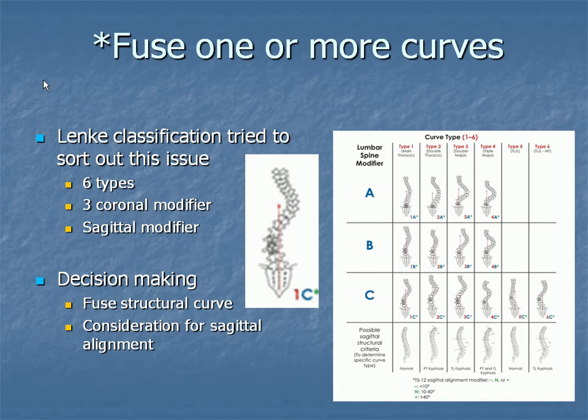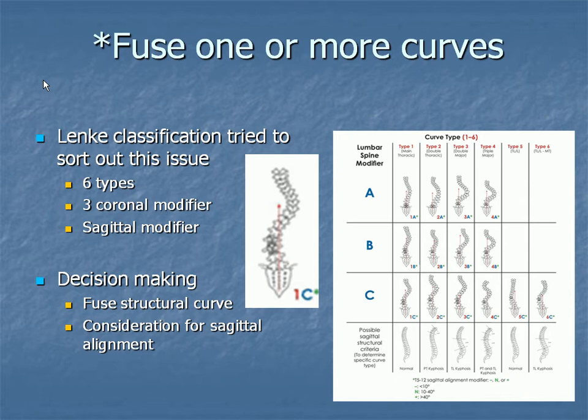And take into consideration, of course, the sagittal alignment, the kyphosis, and that if the spine is in a lordotic shape, then that overrides the flexibility of the non-structural curve. This is just in very simple terms, the classification, which you can read anywhere, and it's so simple after you get used to it.